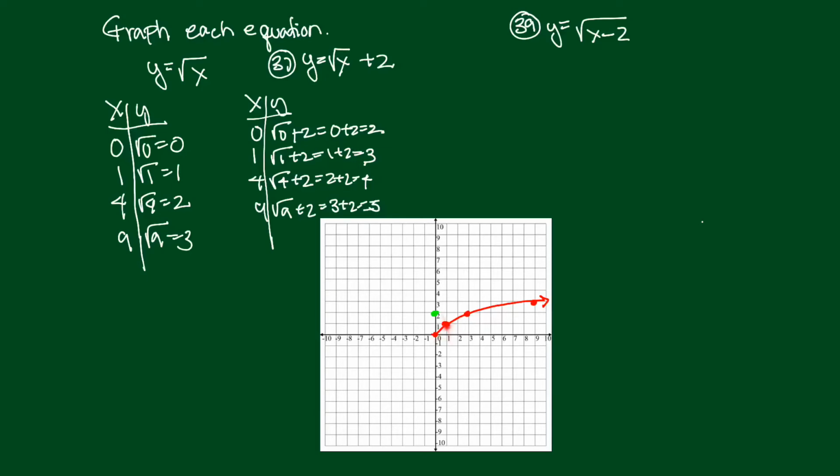So if you go over 1, you're up here at 3. And then at 4, the basic one was up 2. Now you're at 4, 2 more than this. So we'll go out to 4, up to 4. And then 9, up at 5. So all the way to 9, up here at 5. Let's draw that curve.